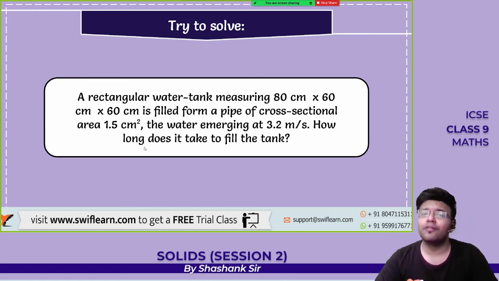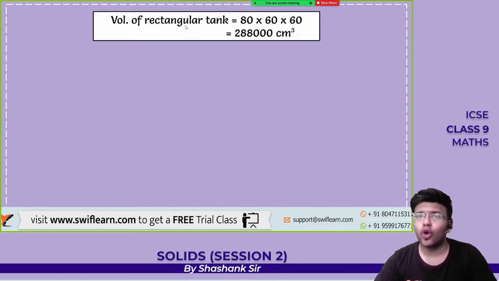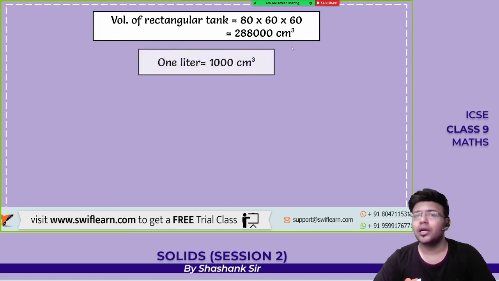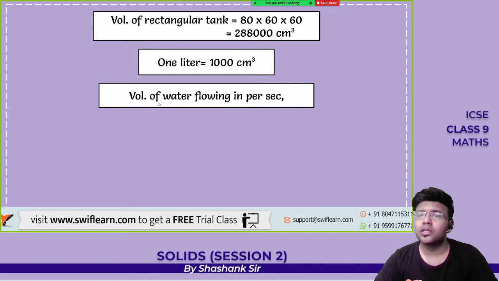How long will it take to fill the tank? So the volume of the rectangular tank is 80 into 60 into 60, which is 288,000 cubic centimeter. 1 liter is equal to 1000 centimeter cube.